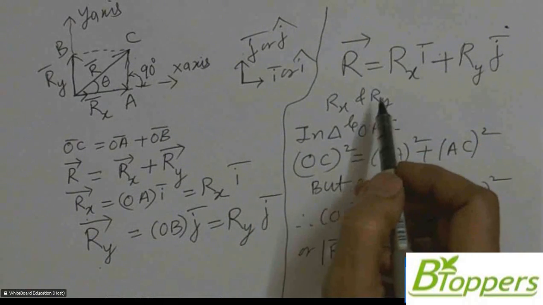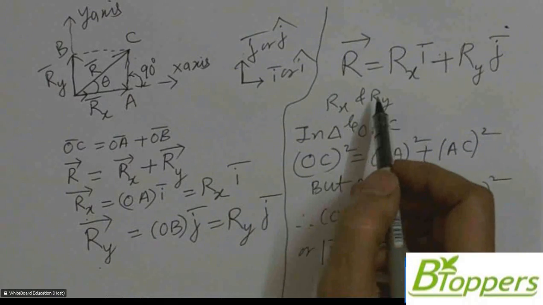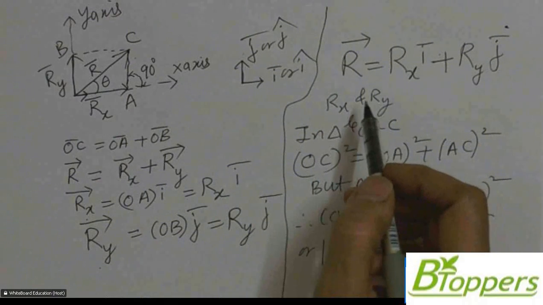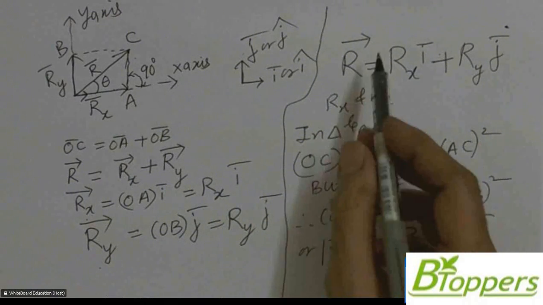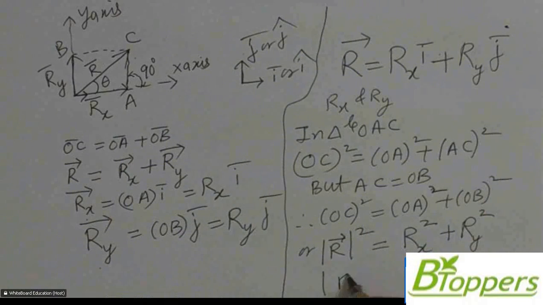This Rx and Ry are called scalar components of vector R bar along x and y axis. And the magnitude of vector R bar will be equal to under root of Rx square plus Ry square. You can just go through the discussion.